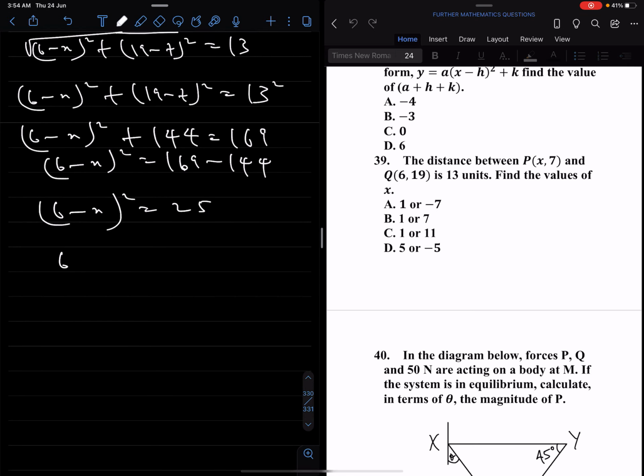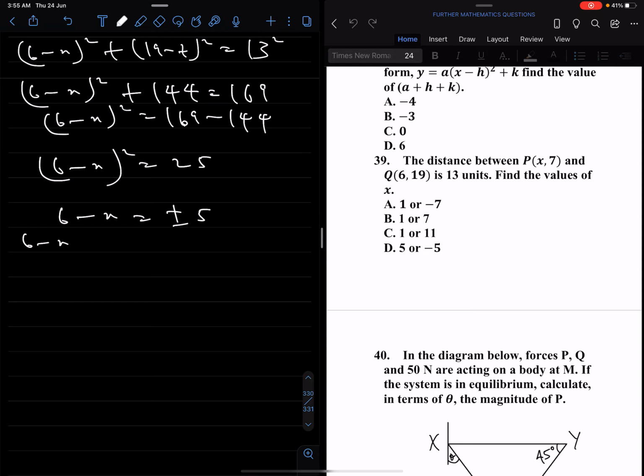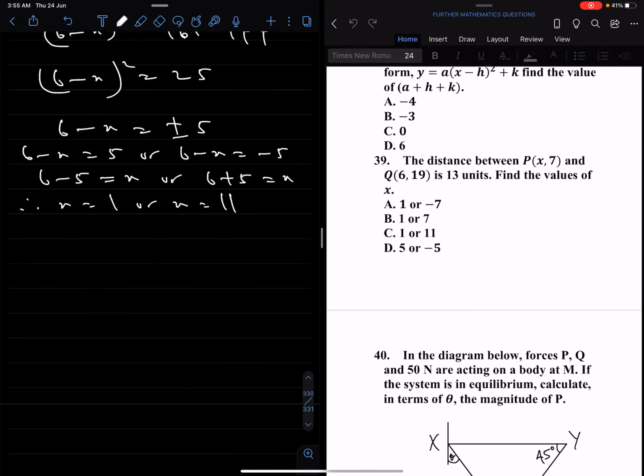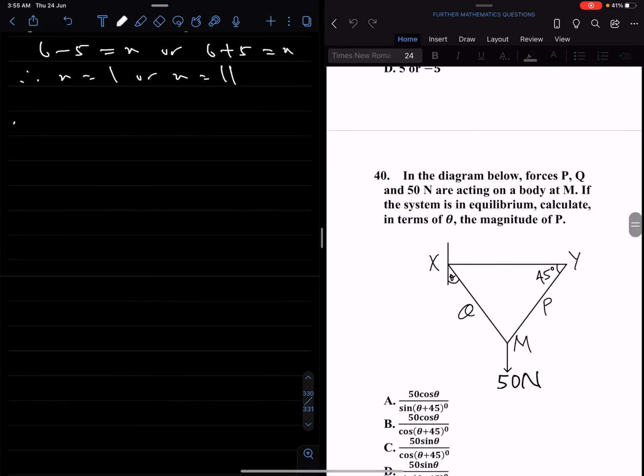And when we find the square roots of both sides, 6 minus x will be plus or minus 5. So 6 minus x equals 5, or 6 minus x equals minus 5, which means 6 minus 5 equals x, or 6 plus 5 equals x. So x is 1 or 11. That's it simply. Now to the next, which is the last one actually.